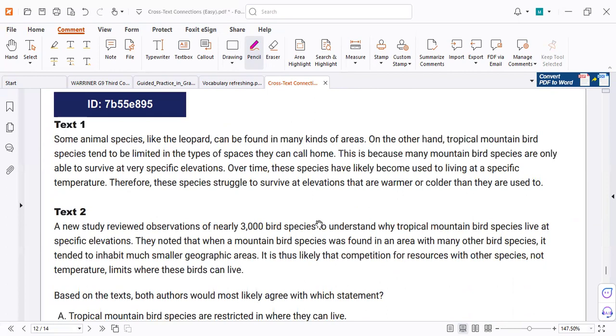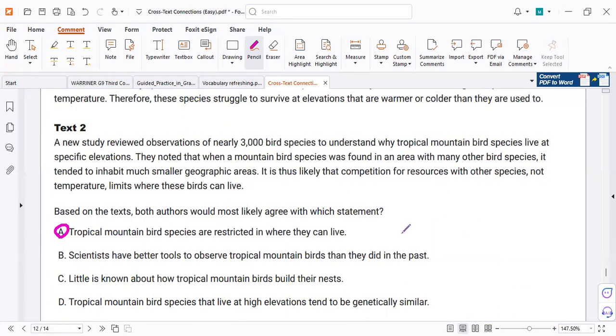Here my answer is A. Letter A, it's good. Good homework. Let's jump.